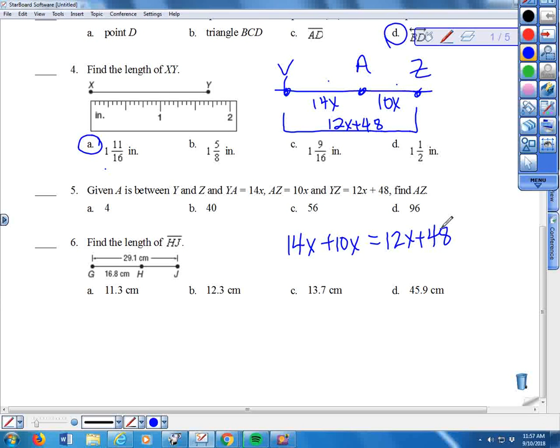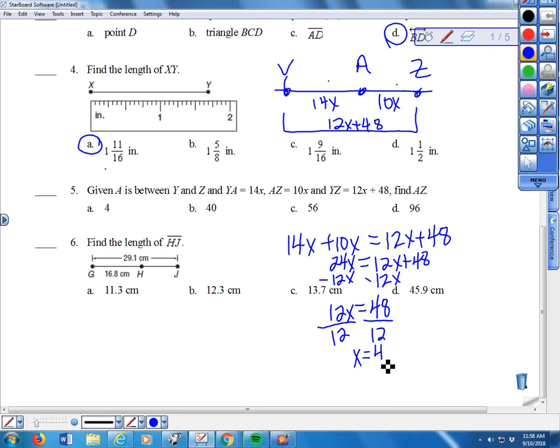So I have 24x equals 12x plus 48. Subtract 12x. 12x equals 48. So x is 4. Did it ask what x was?